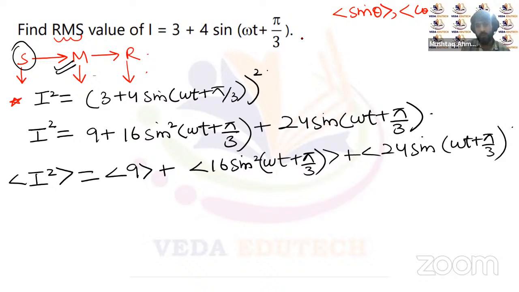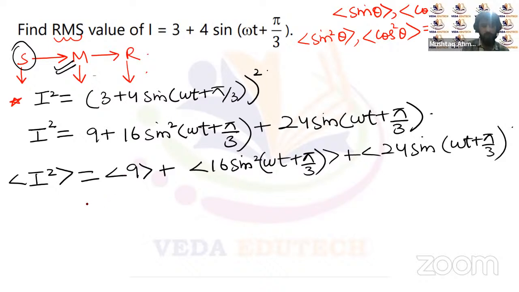And similarly, the average of sin² θ and cos² θ is always equal to 1/2 for the complete cycle. So these are the two important results which we'll be using to calculate the RMS values.